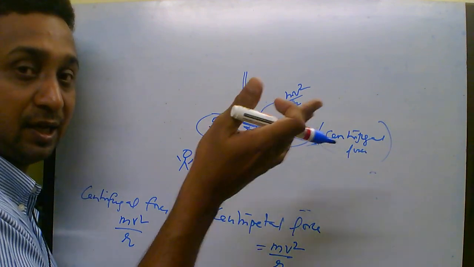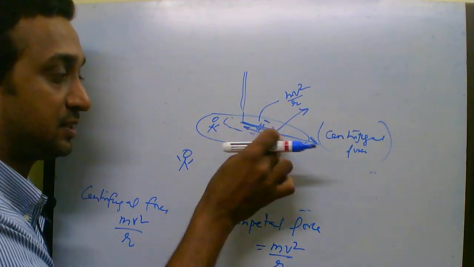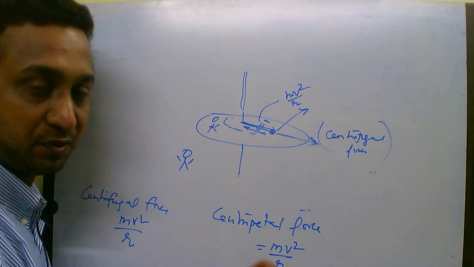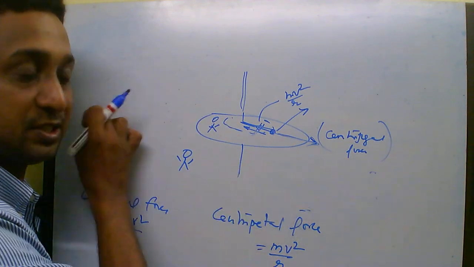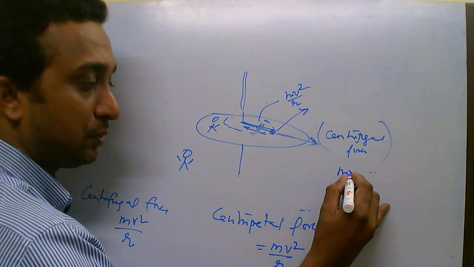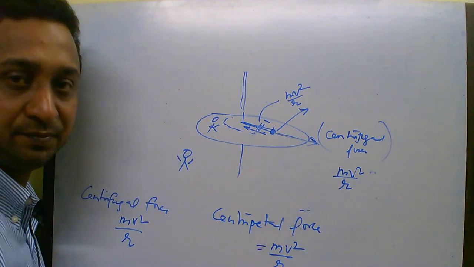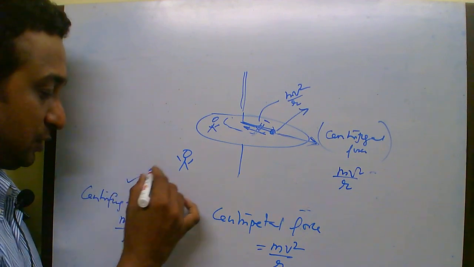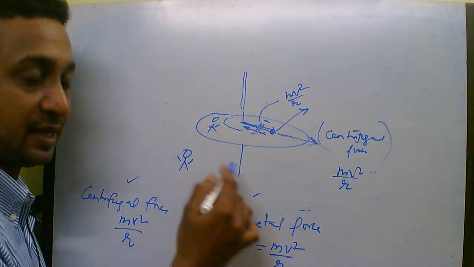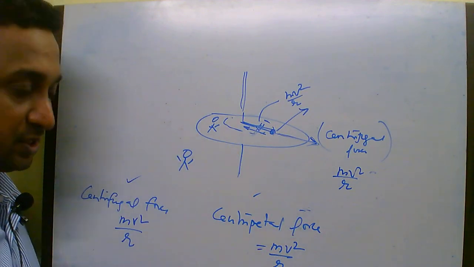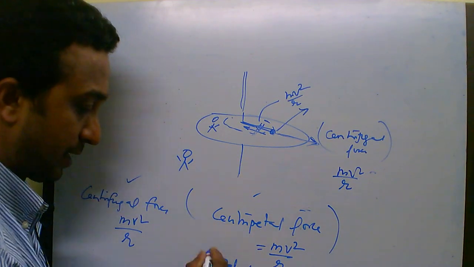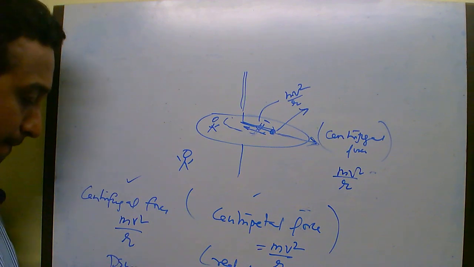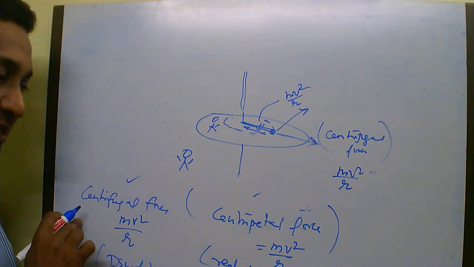When the string is broken, the body moves outwards, so that force is the centrifugal force, equally balanced to the force pulling it inwards. So its magnitude is also mv squared by r. These are the two forces acting on a body in circular motion: the centripetal force, which is a real force, and the centrifugal force, which is a pseudo force, but its presence is inevitable.